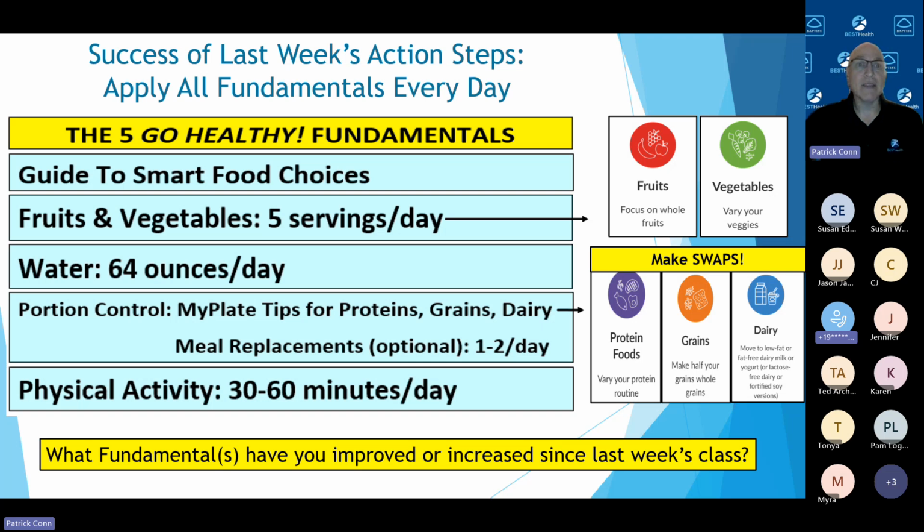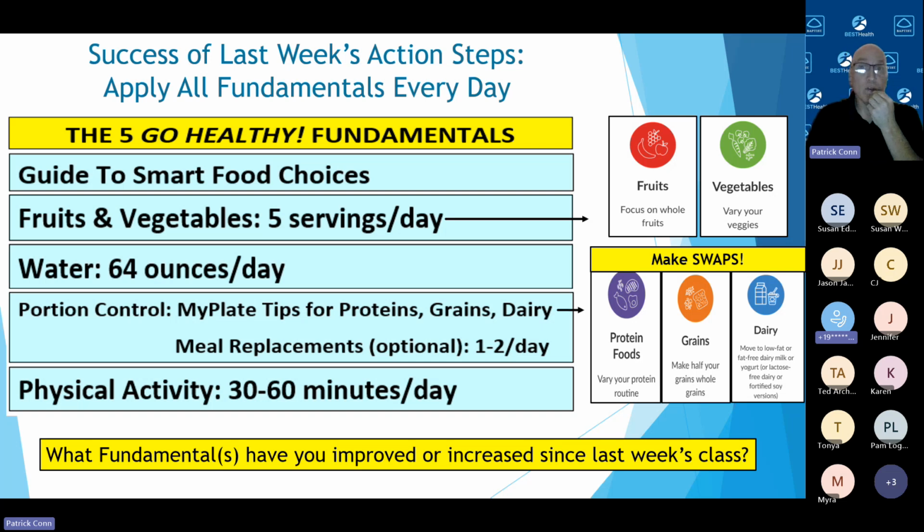All right. Then, on a daily basis to maximize your success, is your fruits and vegetables. Of course, as you know, for this program, we've set a goal of 5 servings per day of fruits and vegetables, using the My Plate tips to give you guidance on choosing the right types with fruits, focusing on whole fruits and vegetables, varying your vegetables.